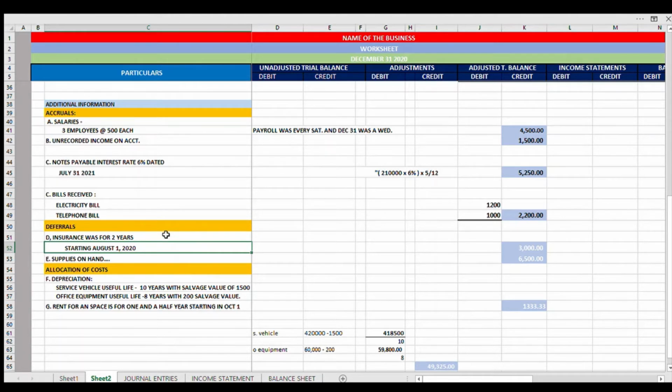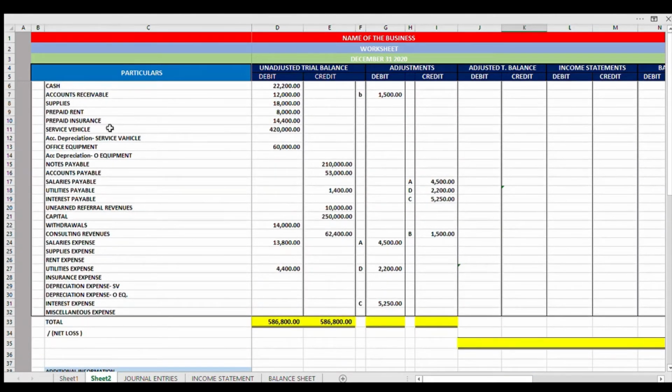So kung ating i-compute, there are August, September, October, November, December. There are 5 months that has just passed by. So it will involve 5 months. So based sa computation, ang lumabas ay 3,000 because ang ating insurance policy, prepaid insurance is 14,000.